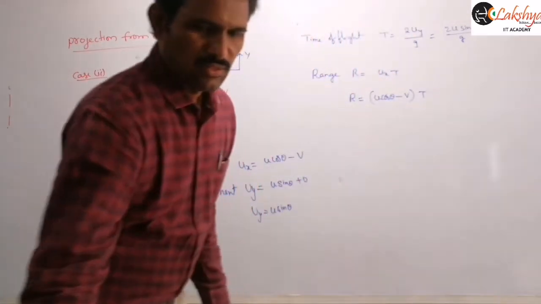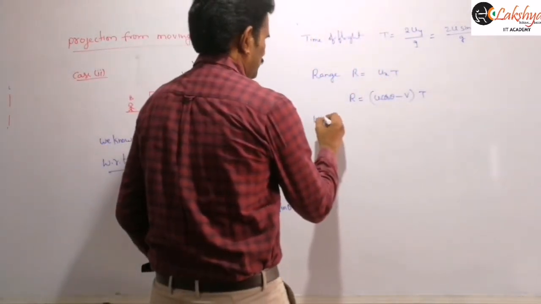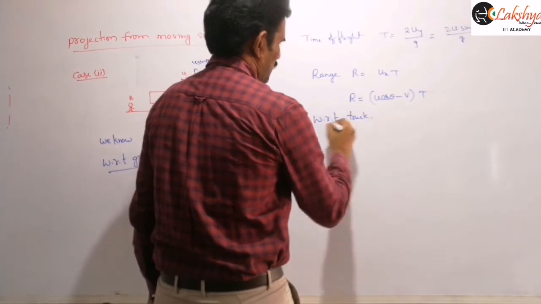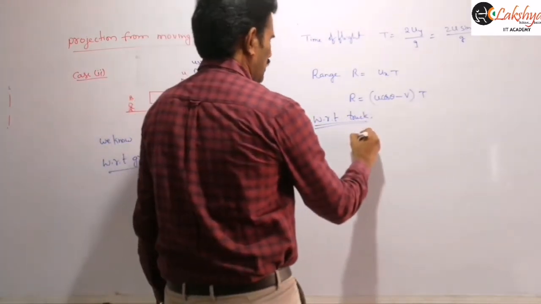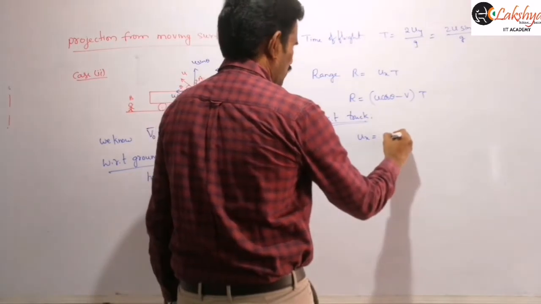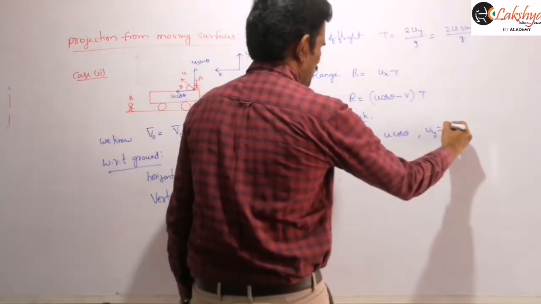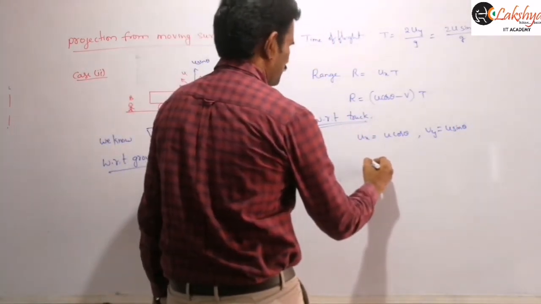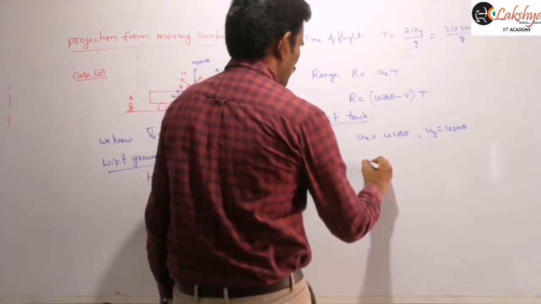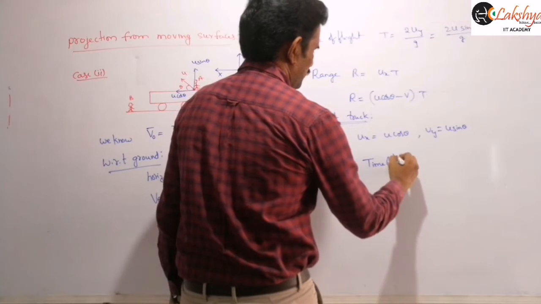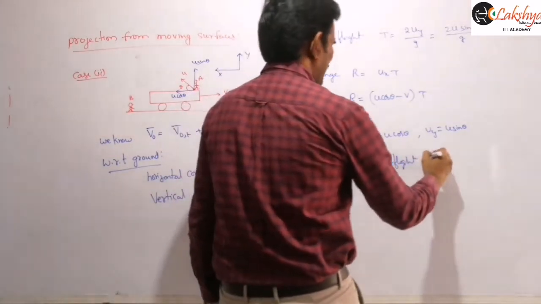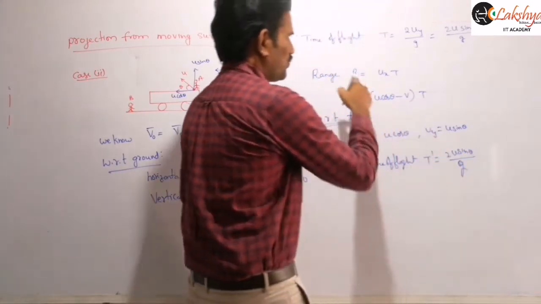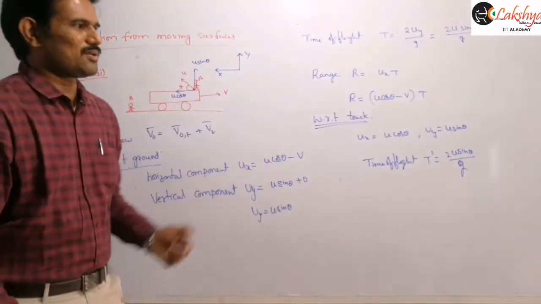right? So if you are solving with respect to the truck, directly I am writing here ux is equal to u cos theta, uy is equal to u sine theta. And so here we can write the time of flight, t dash I am taking here, which is again the same, 2u sine theta by g, that means 2 into uy by g, the same expression, uy is nothing but u sine theta.